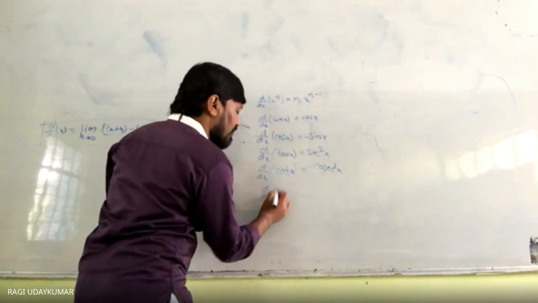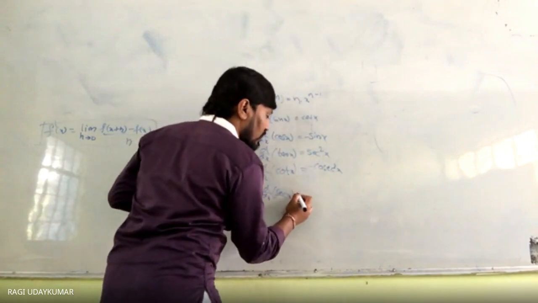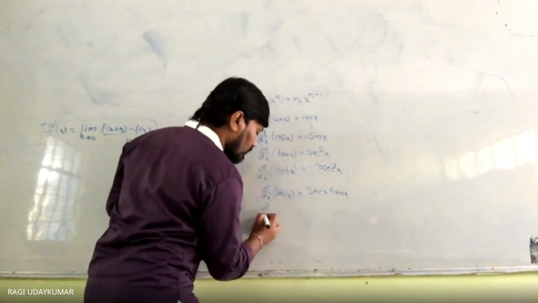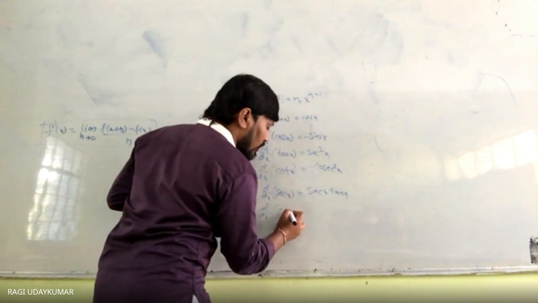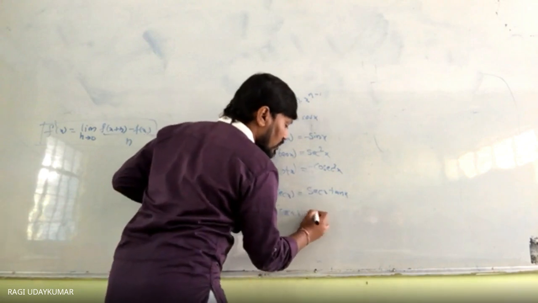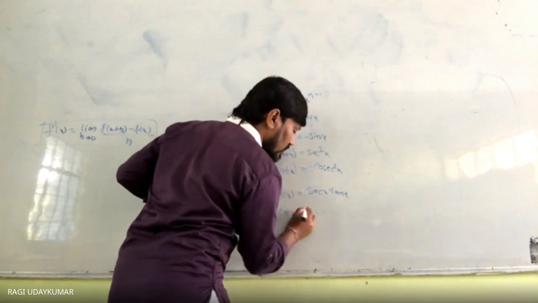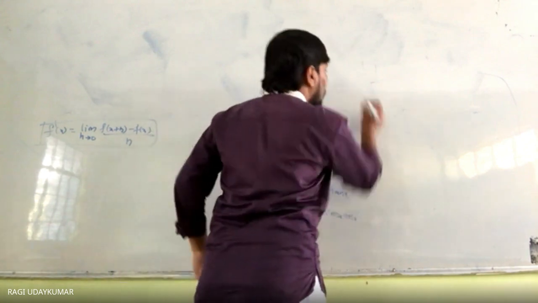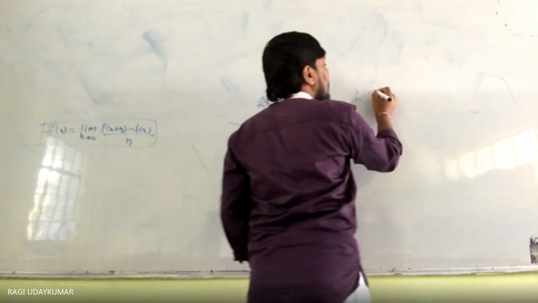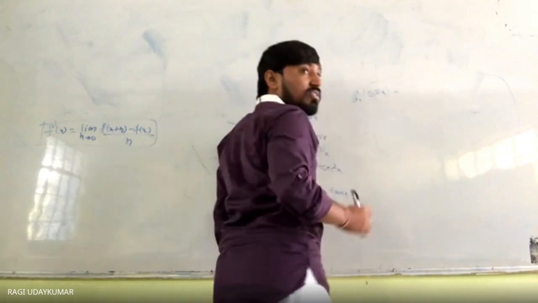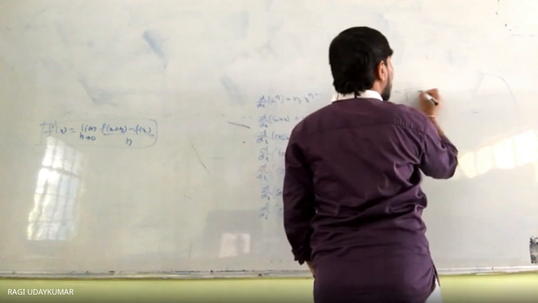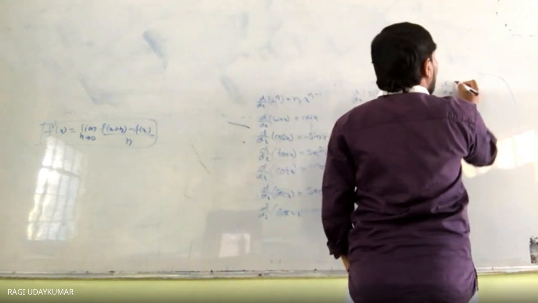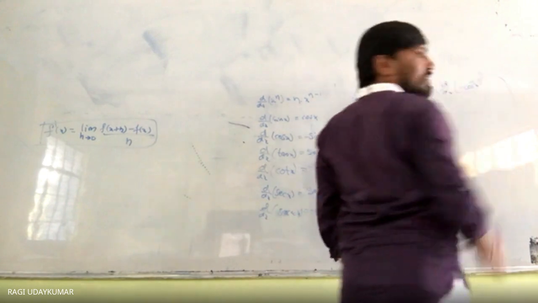D by dx of secant x is equal to sec x tan x. D by dx of cosec x is equal to minus cosec x cot x. And d by dx of sin inverse of x is equal to 1 by under root of 1 minus x square, and this is equal to d by dx of minus cos inverse of x.